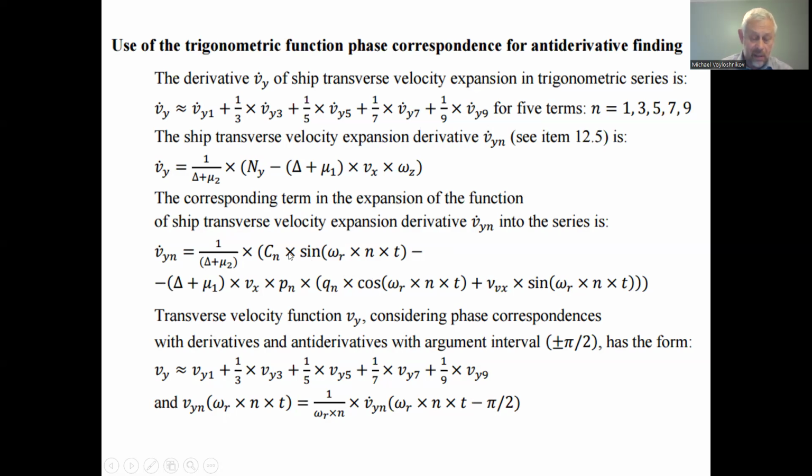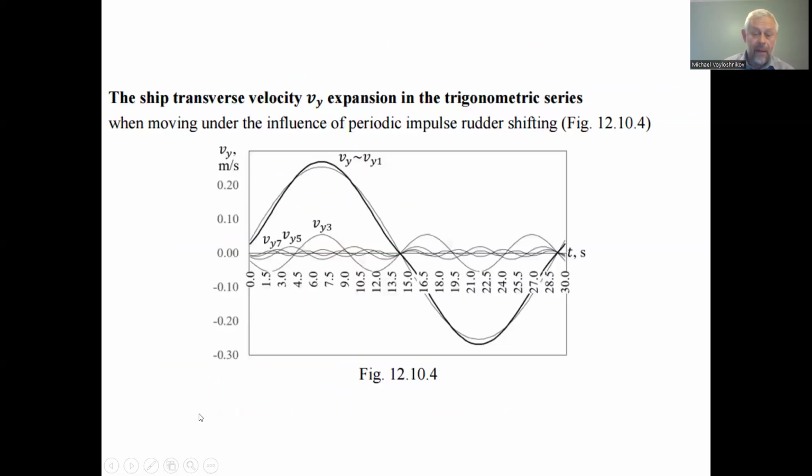If we have the expansion into sine and cosine functions, we sometimes need not do the integration itself. We can only use the properties of these functions, due to the difference of the phases of sine and cosine, and due to the scale between the function and its derivative, the derivative of which gives the function itself. So we have the expansion into the terms.